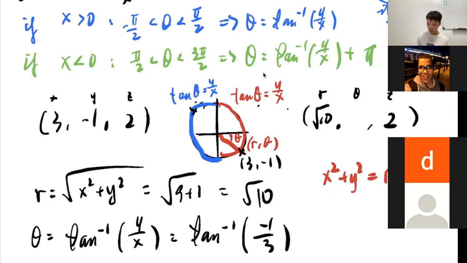So in order to distinguish the theta, these two thetas are different. Right? The other theta on this side, in this part of the circle, you have to add a pi. So, yeah.